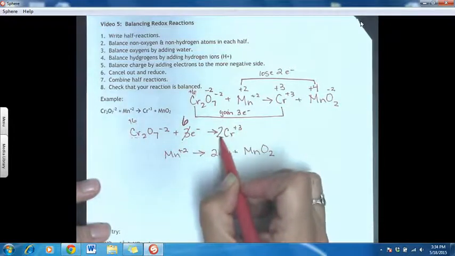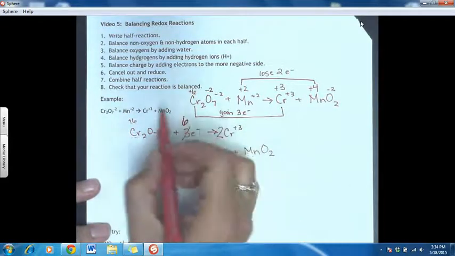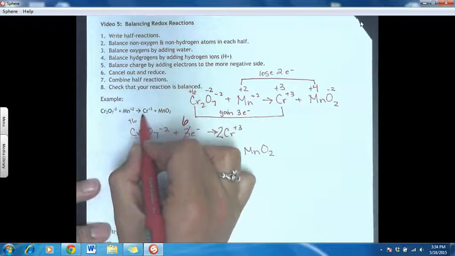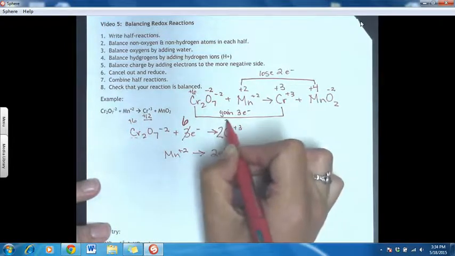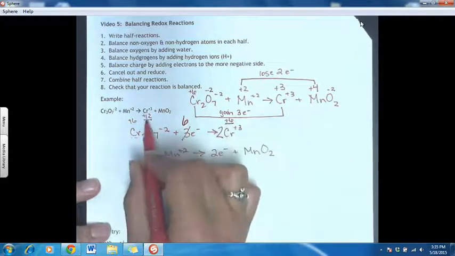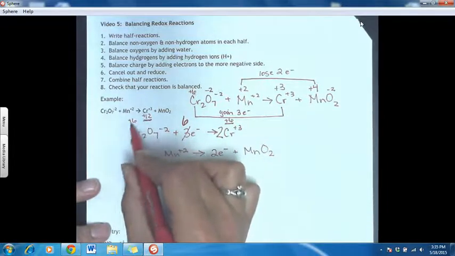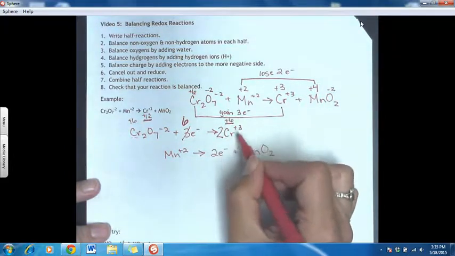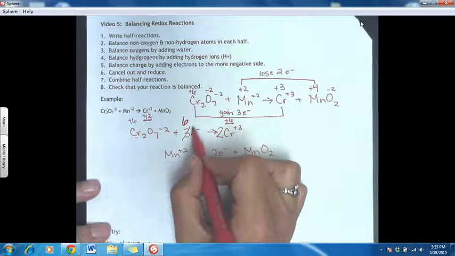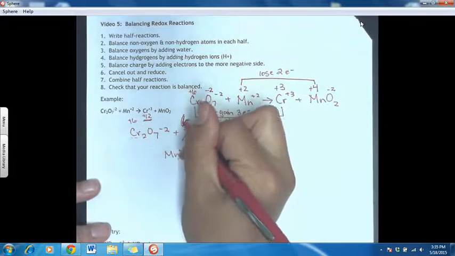I need to get to be +6 from here. On this side, 2 times +3 gives me an overall charge of +6. So that means to get from my overall charge of +12 of my chromium on my left side to an overall charge of +6 of my chromium on my right side, I had to have really added 6 electrons. Okay.